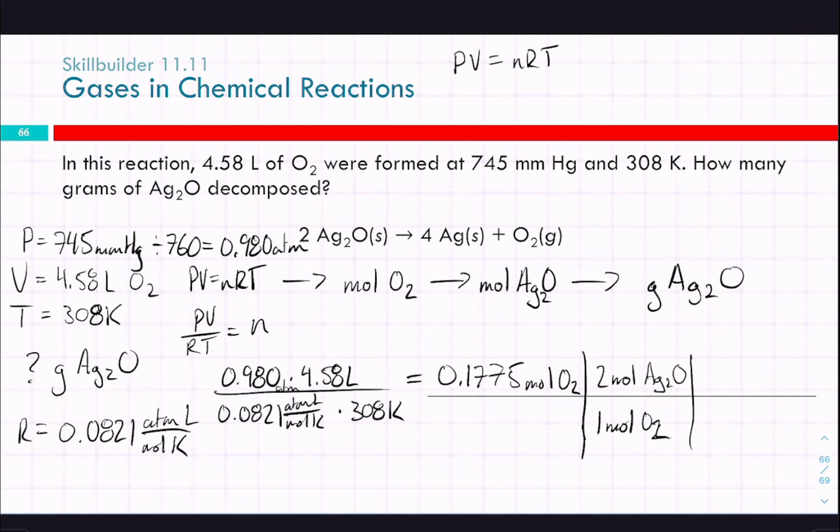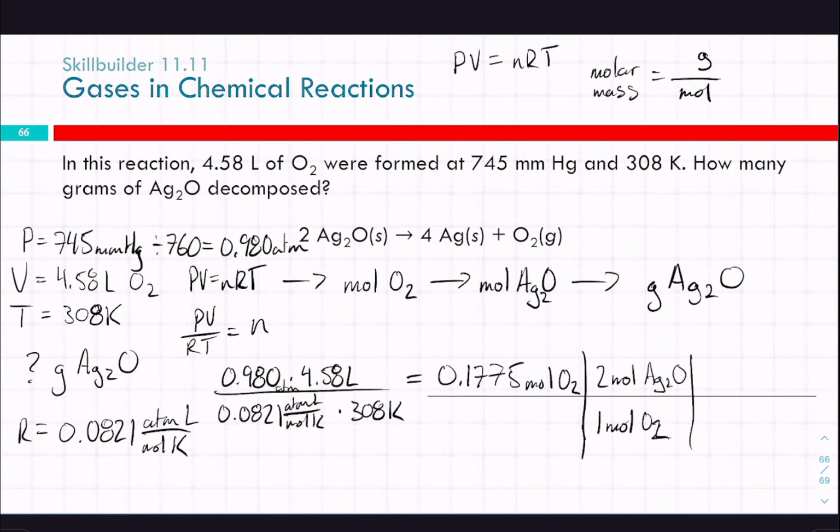Molar mass, yes. So silver is 107.8682 times 2 plus 16. Remember, molar mass is grams per mole, and the mole is always 1.